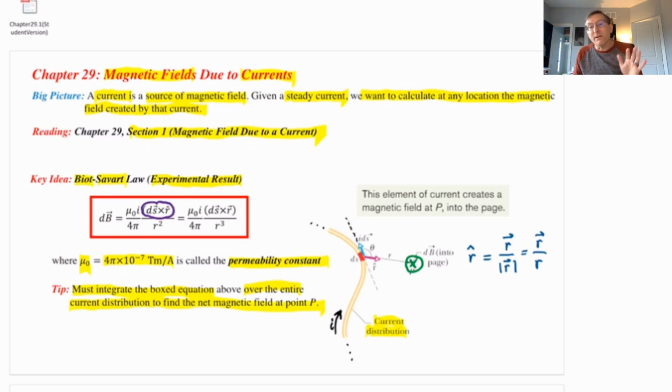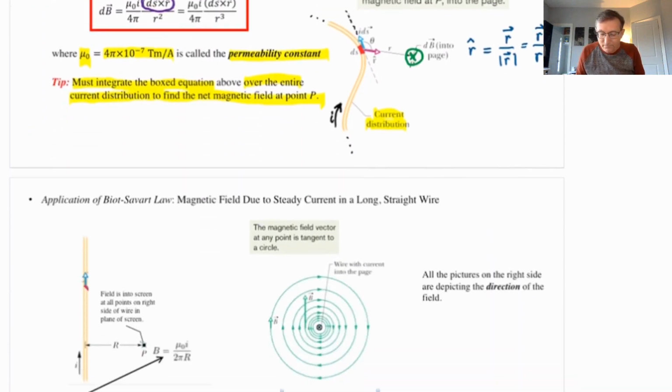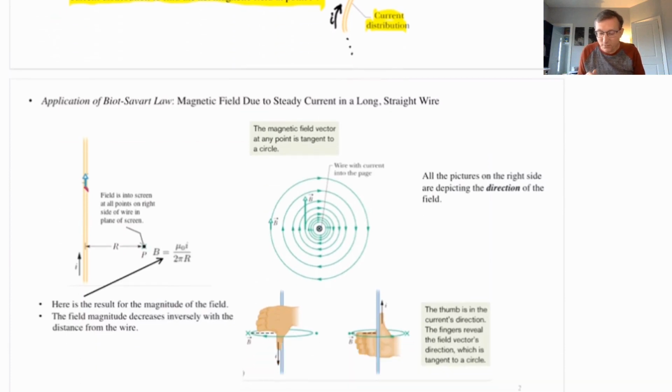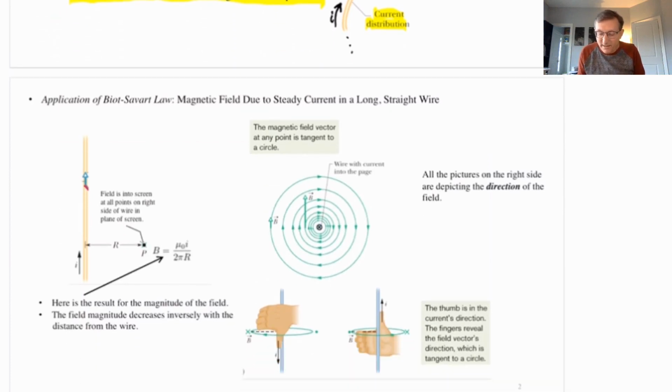But we will limit ourselves to current distributions that have relatively simple shapes. And the first one we'll look at, as an application of this magnetic field law, will be for finding the magnetic field due to a steady current in a long, straight wire. Long here is code for infinitely long. So imagine a shape like this pencil, but it goes on and on and on upward and on and on and on underneath. It's just a very long, straight wire carrying a steady current I.